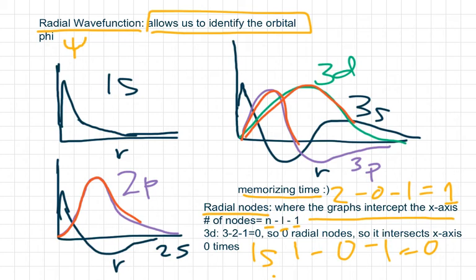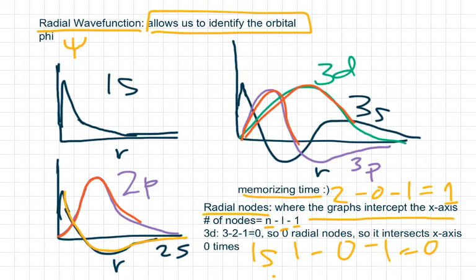So it intercepts the x-axis 1 time, and as you can see, that's true. For the 2s sublevel, it intercepts the x-axis once, and then it levels off at the bottom. So you can do this trick for all of them, and let's do it one more time.